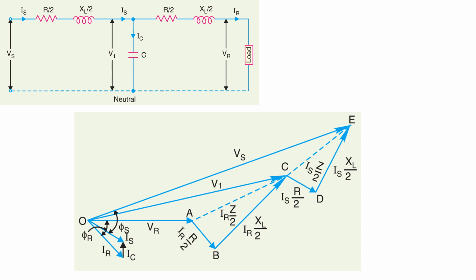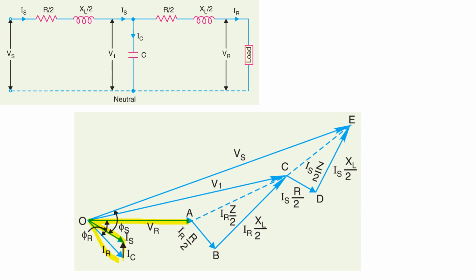From this we can draw the phasor diagram for the medium transmission line in T configuration. It starts with VR, then draw the receiving end current IR, then this is Ic. The summation of IR and Ic gives me Is. Now, it is important to look at this.